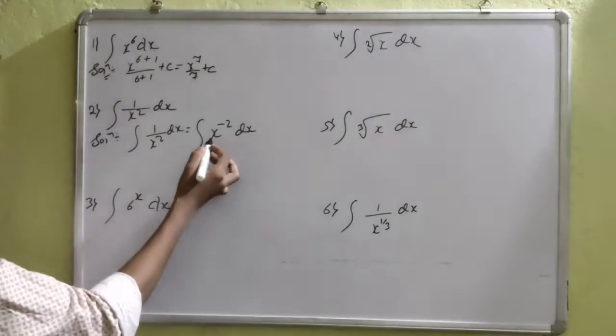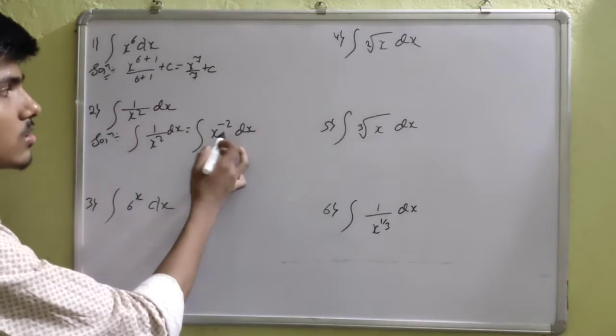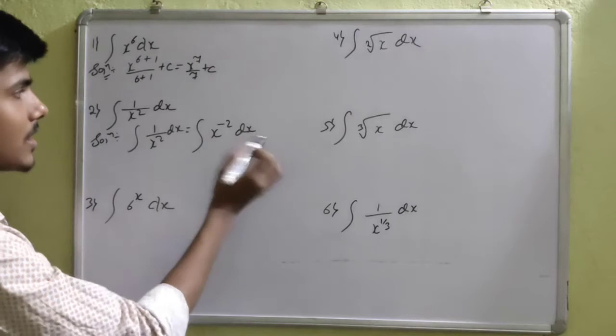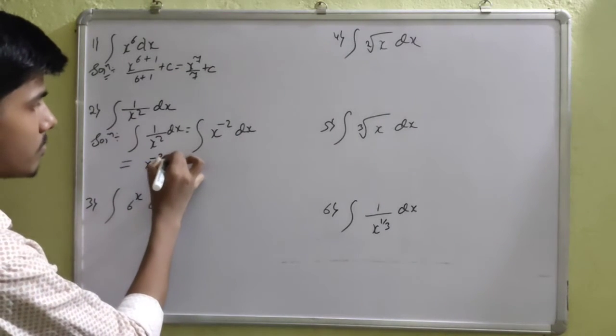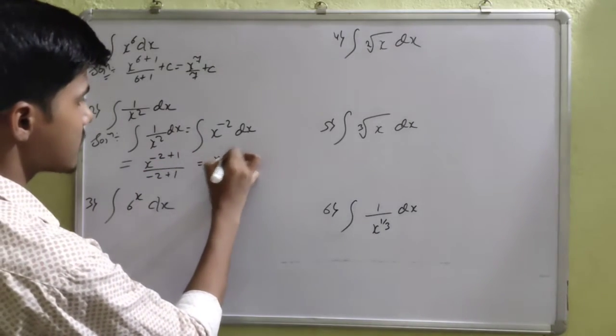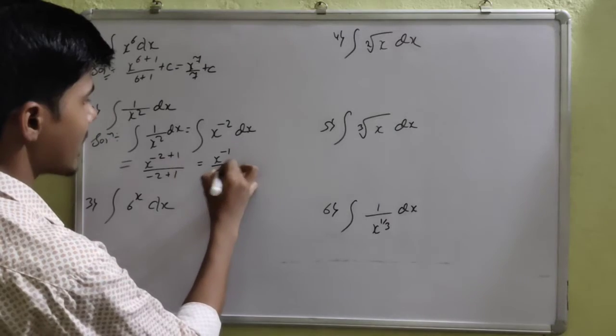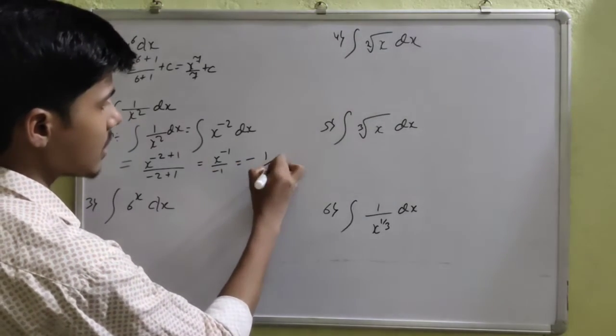Again, it is in the form of x to the power n, so we can write x to the power minus 2 plus 1 divided by minus 2 plus 1. It is equal to x to the power minus 1 divided by minus 1. So it is minus 1 upon x.